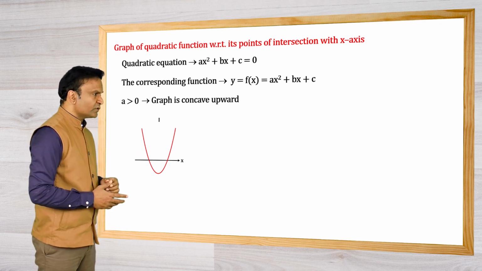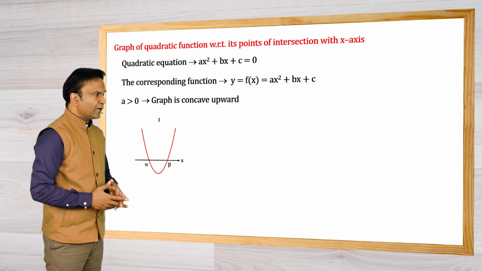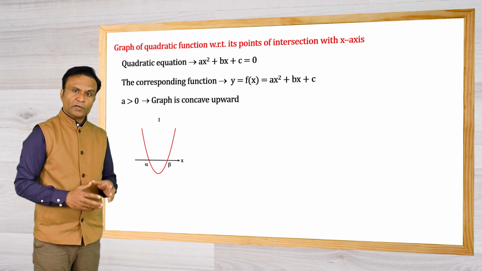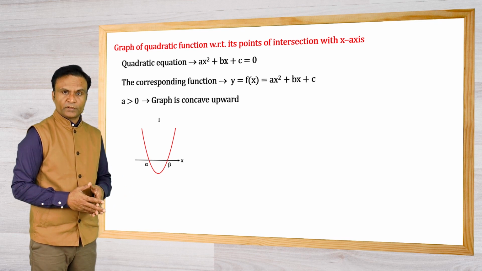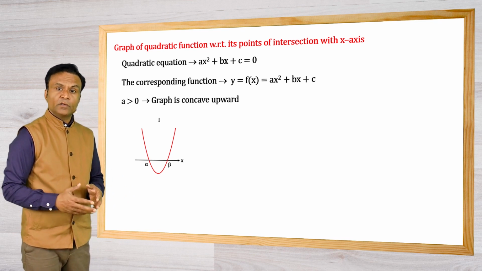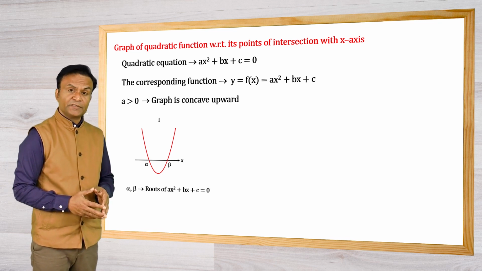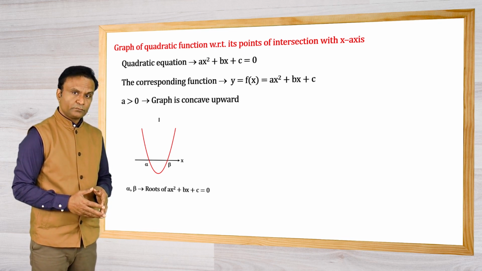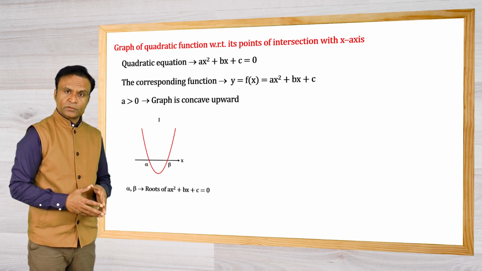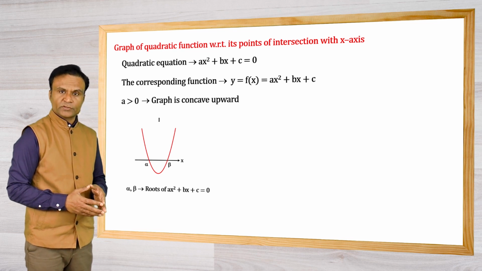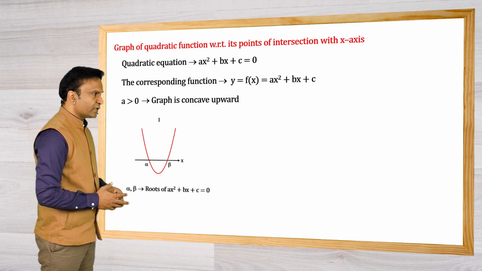In fact, the coordinates of these points are (alpha, 0) and (beta, 0). Now these two values of x make f(x) = 0. That means alpha and beta are roots of the equation ax² + bx + c = 0. When a quadratic equation has two distinct roots, the value of the discriminant is positive. So for this graph, D > 0.